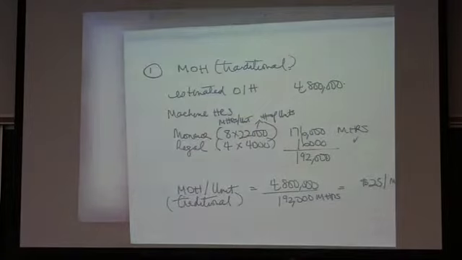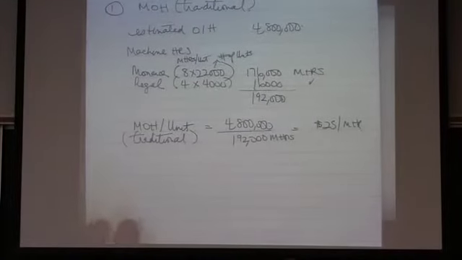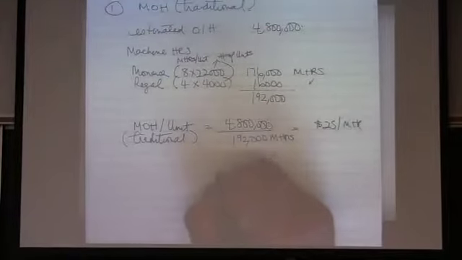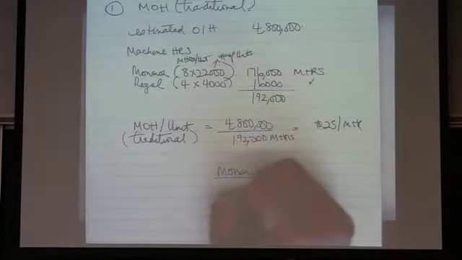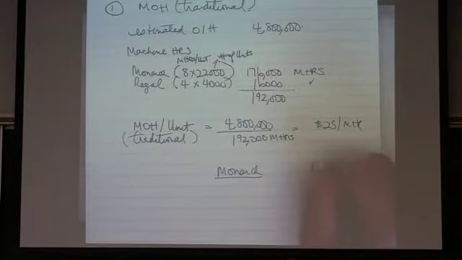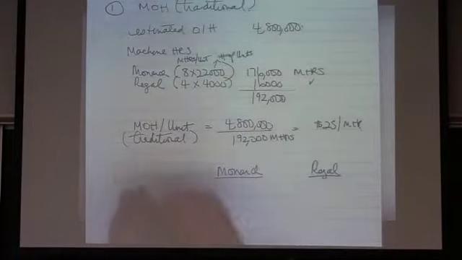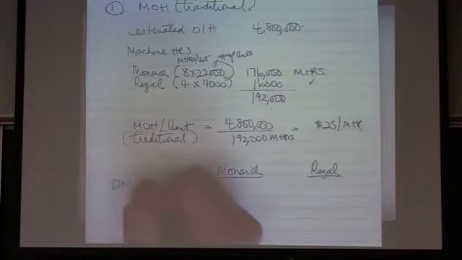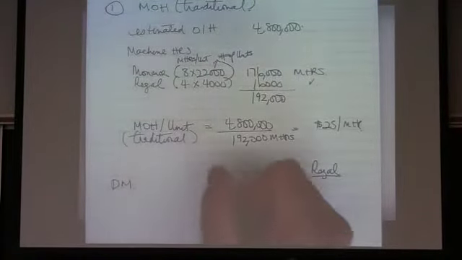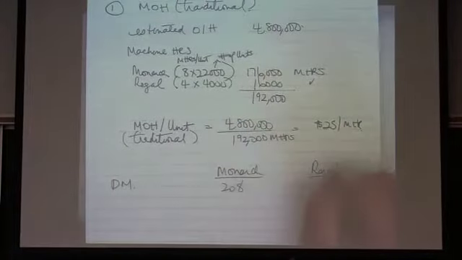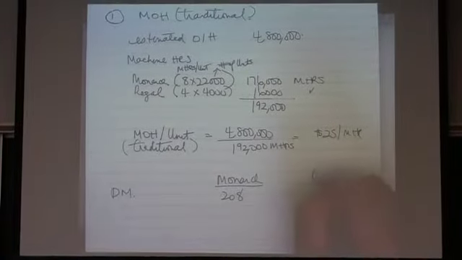Okay? That makes sense? Now, let's look at the traditional cost for each of the products, Monarch and Regal. So direct material, that's given to us, right? 208 and 548.